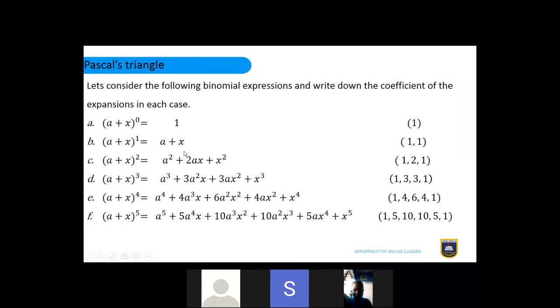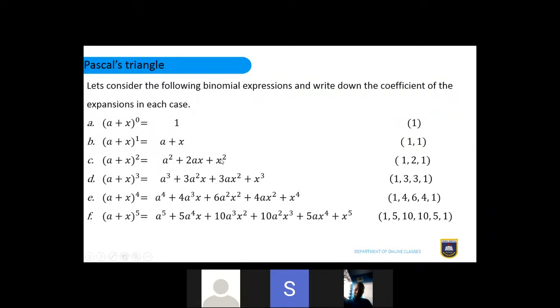Then the power of the second term, x, in the binomial will also start increasing. It will start increasing from 0. So it is going to give us x exponent 0, this will give us x exponent 1, this will give us x exponent 2.